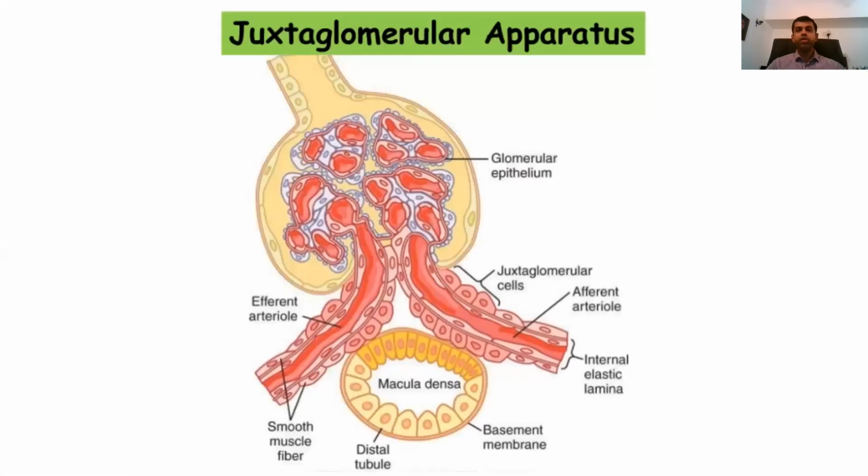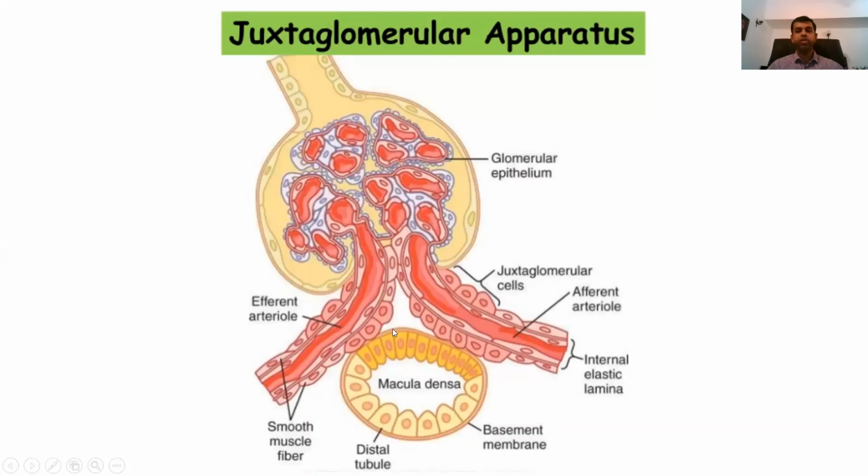The next is the juxtaglomerular feedback mechanism. If you remember your anatomy and histology days, this is your glomerulus. You have the afferent arteriole coming in, the efferent arteriole going out, and then the tubules going in this direction.